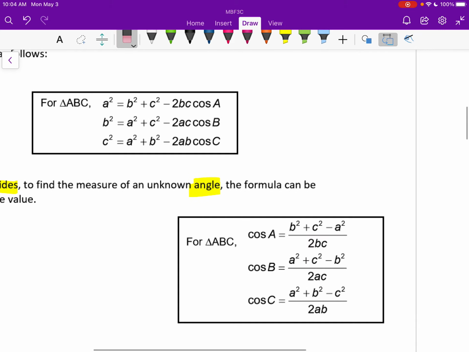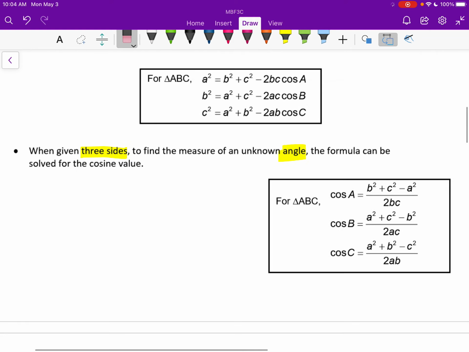And really, this formula is just this formula rearranged. So I'm just going to quickly show you that as well. So if I was to take cosine B, and I know this one has cosine B in it, so I'm going to use that formula. So I'm going to say, okay, B squared is equal to A squared plus C squared minus 2AC cos B, right?